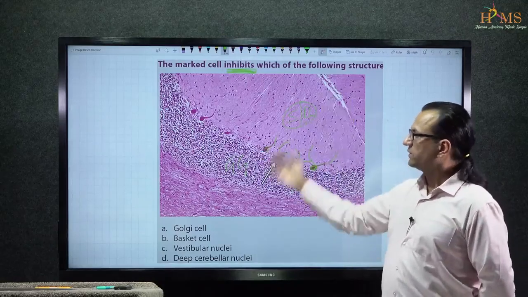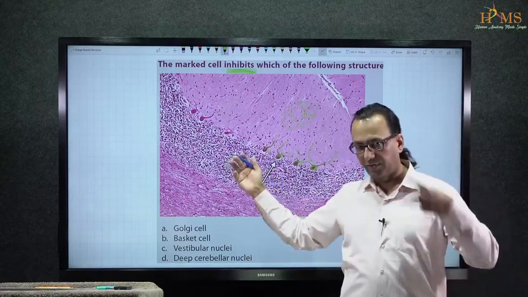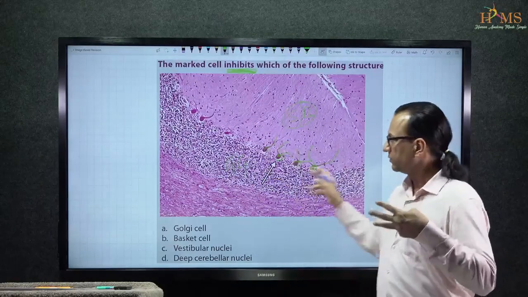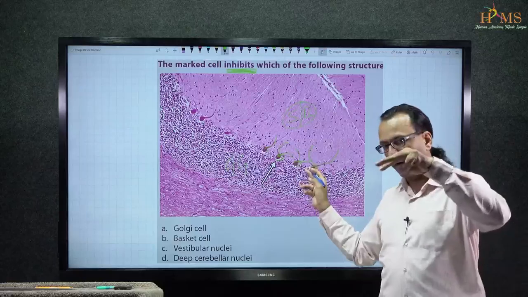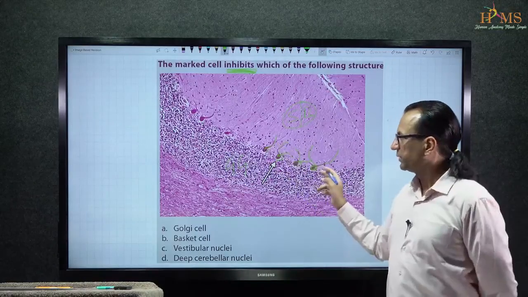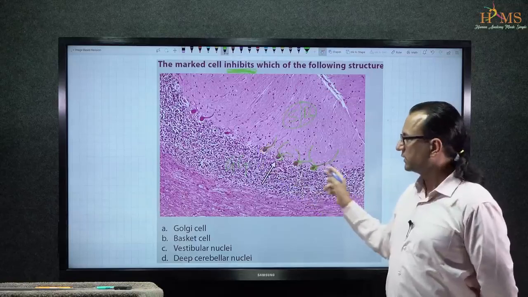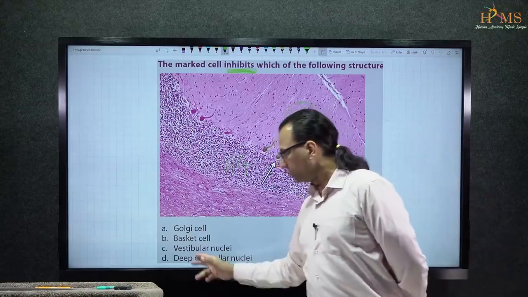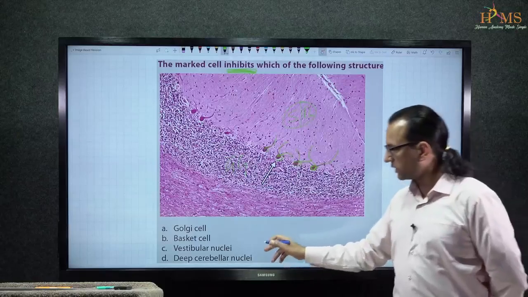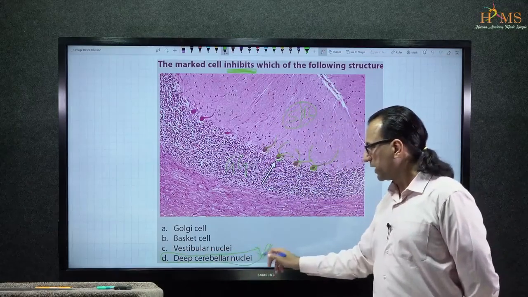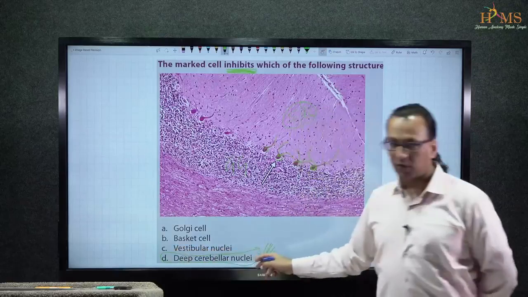So out of the 5 cells in the cerebellar cortex arranged in 3 layers, only one cell has the outgoing fibers, and that is the Purkinje cell, which is sending the negative, inhibitory fibers using GABA on the deep cerebellar nuclei like the dentate nucleus. And that's why we will search for the dentate nucleus, and the answer should be deep cerebellar nucleus here, using the gamma aminobutyric acid on that.